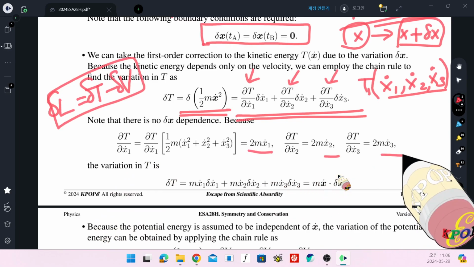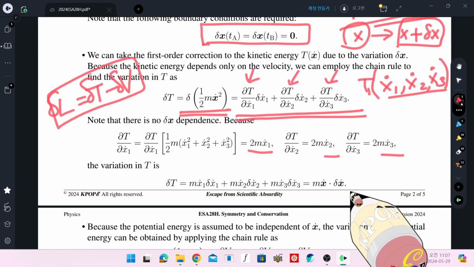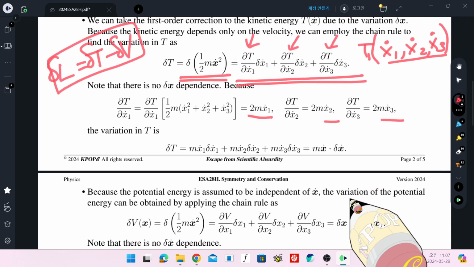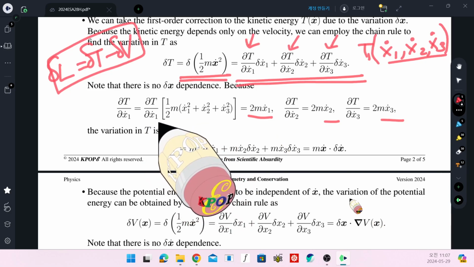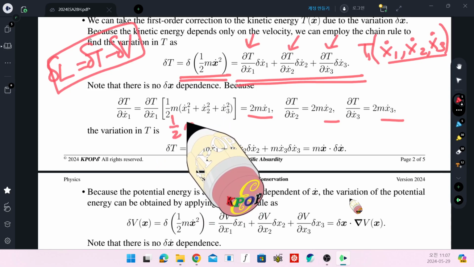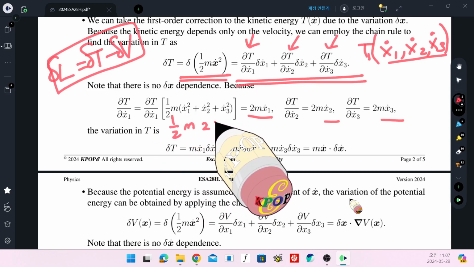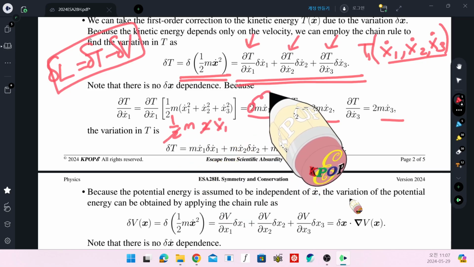As a result, if we substitute these results in here, we find, wait a second, 1/2 m, and derivative is 2 times x1 dot. Therefore, the 2s cancel, so we have to remove this factor of 2.